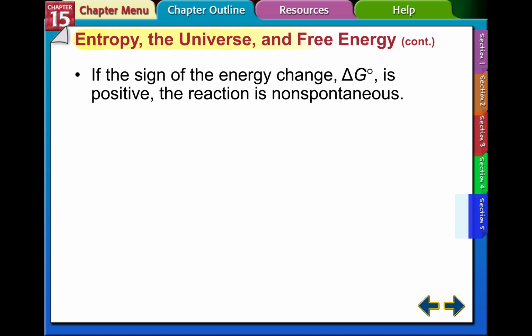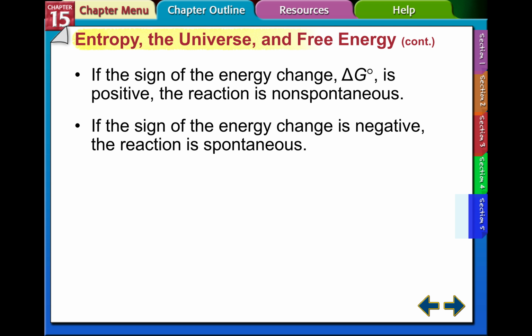If the sign of the energy change, delta G naught, is positive, the reaction is non-spontaneous. If the sign is negative, it is spontaneous. So positive, not spontaneous. Negative is spontaneous.